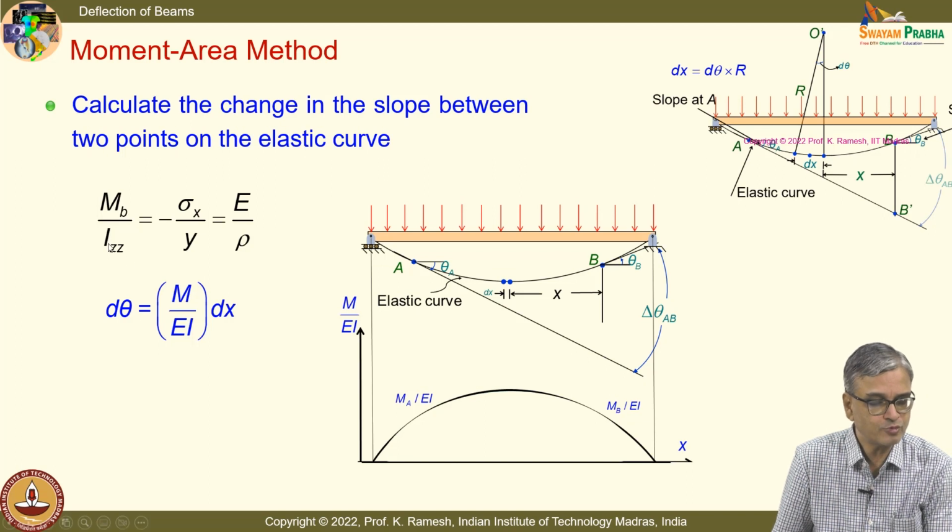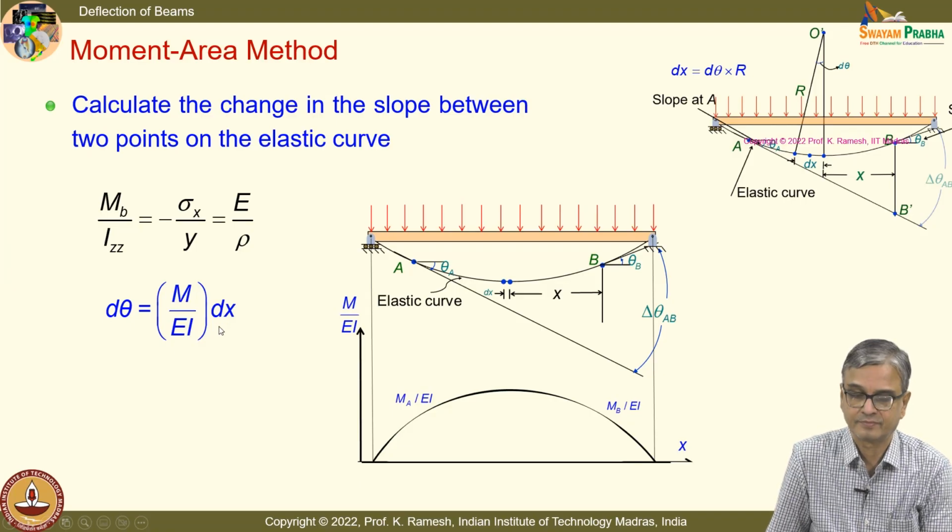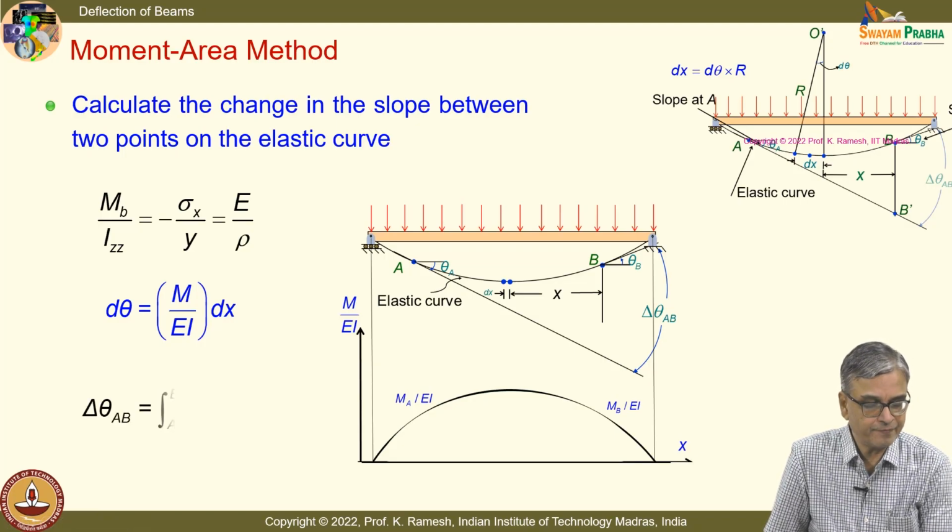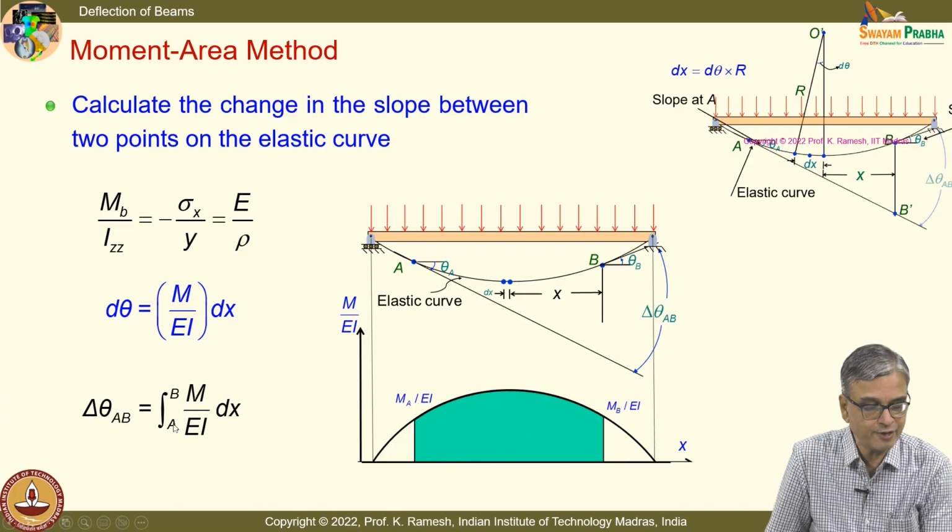You drop off these two symbols to make your life simple in writing. So, I have d theta equal to m by ei dx. So, when I integrate, if I want to have delta theta AB, when I integrate from A to B, I get this as m by ei dx. So, this integration is nothing but the area between the 2 points.